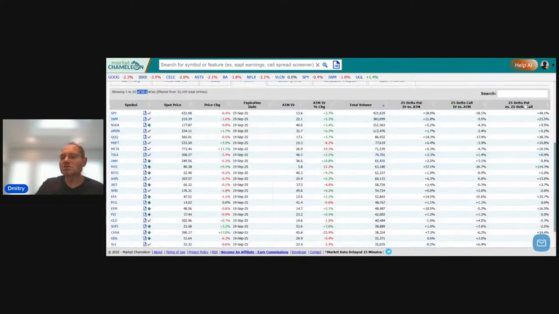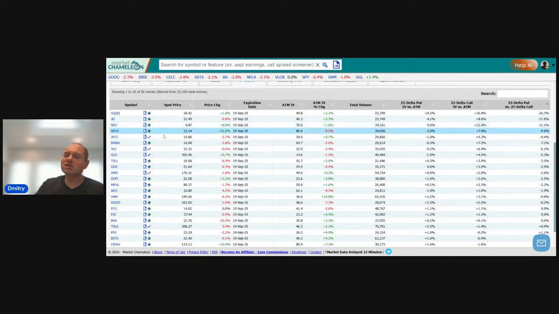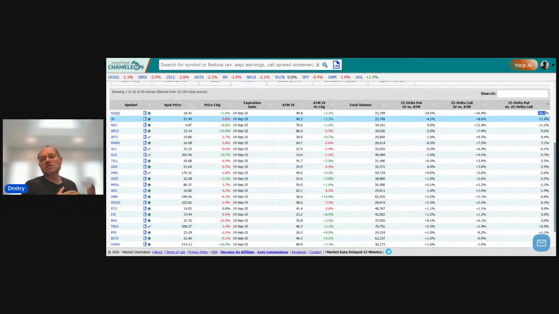And we could even sort this. So let's say we sorted it by 25 delta put versus call. So you could see SQQ, JD, these are the ones where the implied volatility of the put is below the call, right?